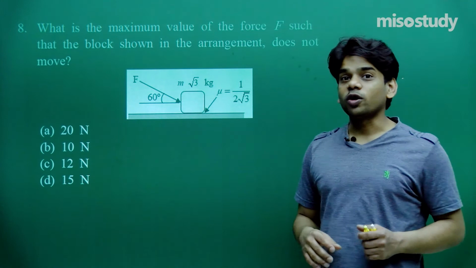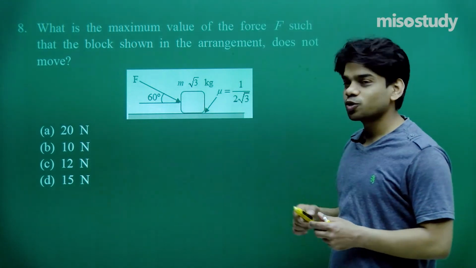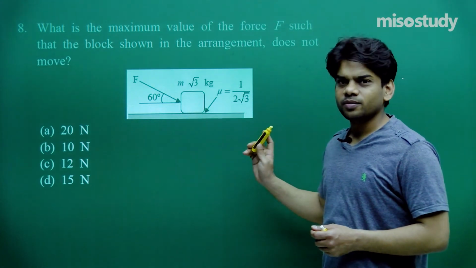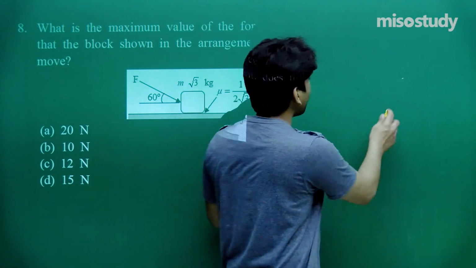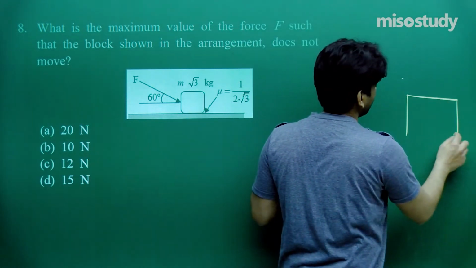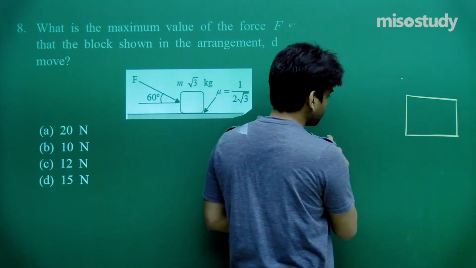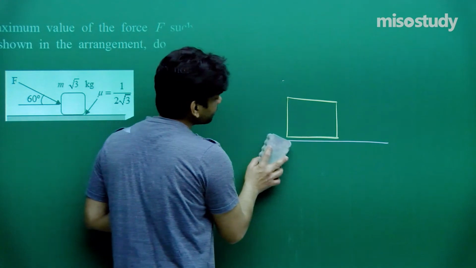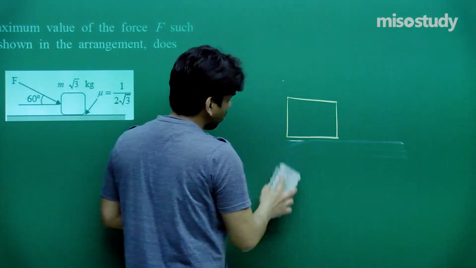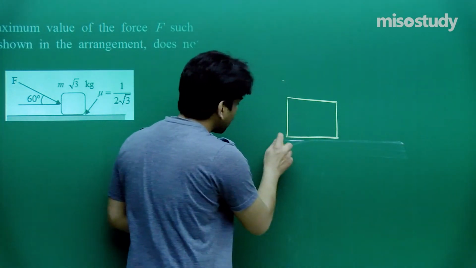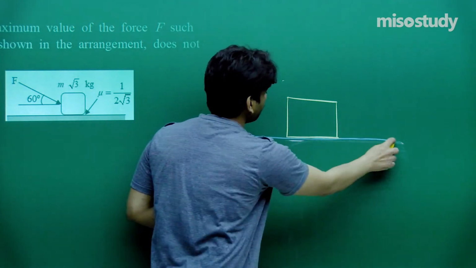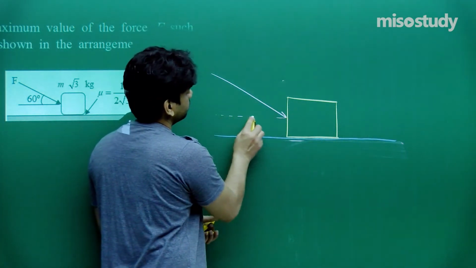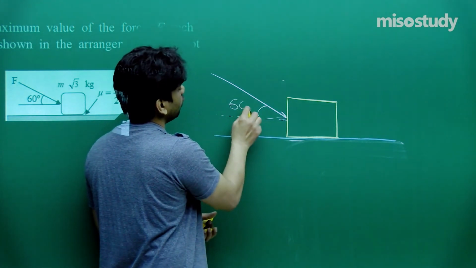Let's try to find out the best option suiting this question. Now see, I will draw the free body diagram of this block. How would it look? See here, we have this block, and let me show you the forces acting on this block. The force is applied making an angle of 60 degrees with the horizontal.